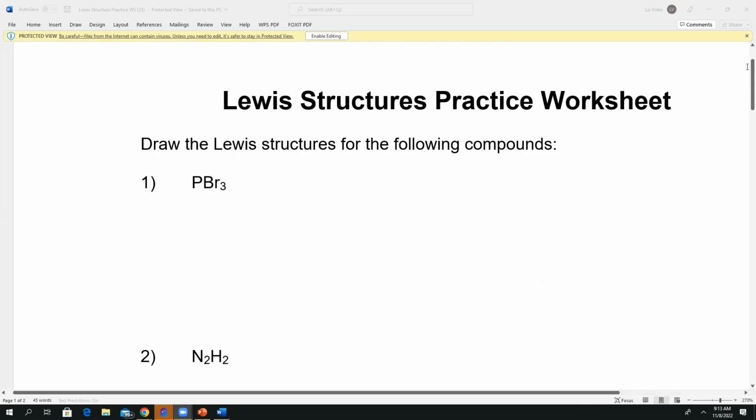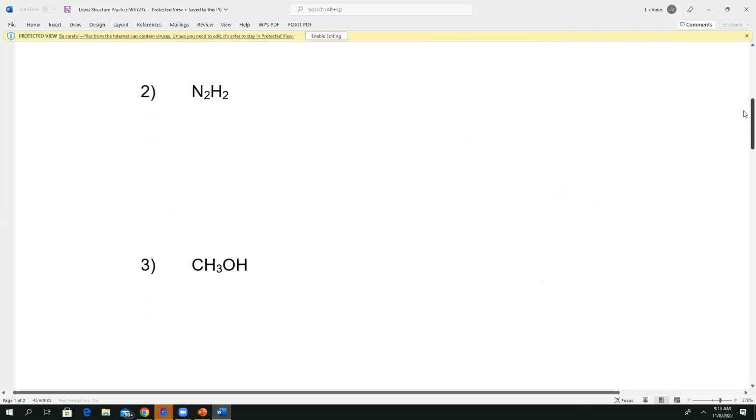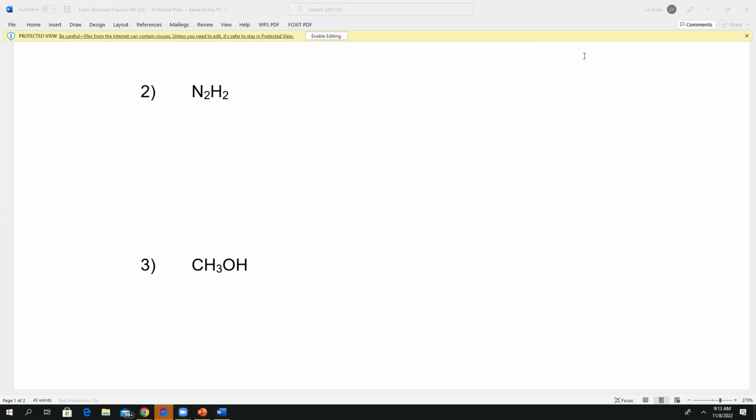The next one is N2H2. Remember what she said? She said that they're usually drawn the way that they want you to do them, but we still got to do the math. Okay, so we have 2 nitrogens, right? And that's 5 of them per nitrogen. And we have 2 hydrogens with 1.